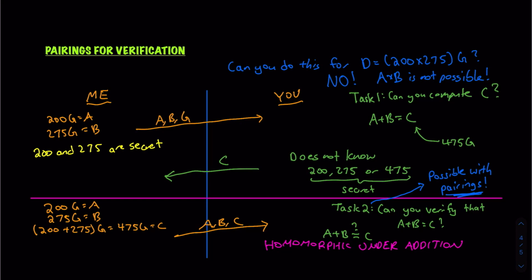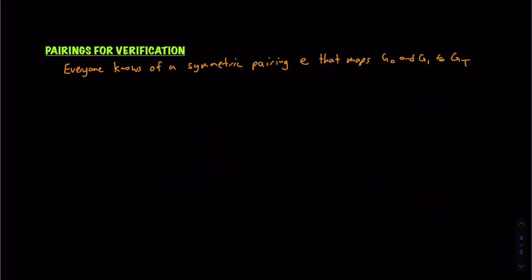Let's see how this works. Let's say that we know of a symmetric pairing E. It's symmetric, so G0 and G1 are the same group. And let's say that G is the generator of this group. Therefore, A and B are in this group.